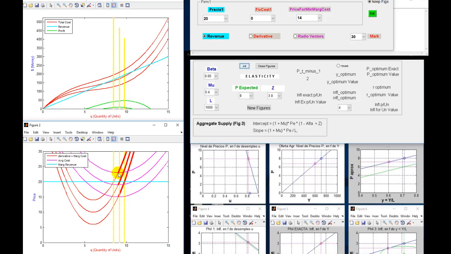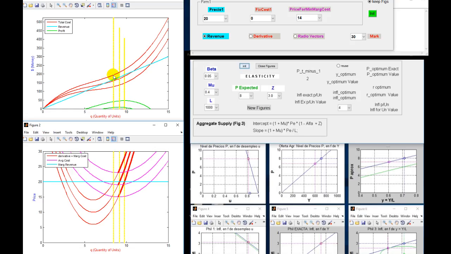In other words, the intersection of marginal revenue and marginal cost is not within the supply curve. So in this case, this intersection will not form part of the supply curve, and if that happens, this firm will quit the market and will not supply any unit, because we can see here that the costs are higher than the revenue.